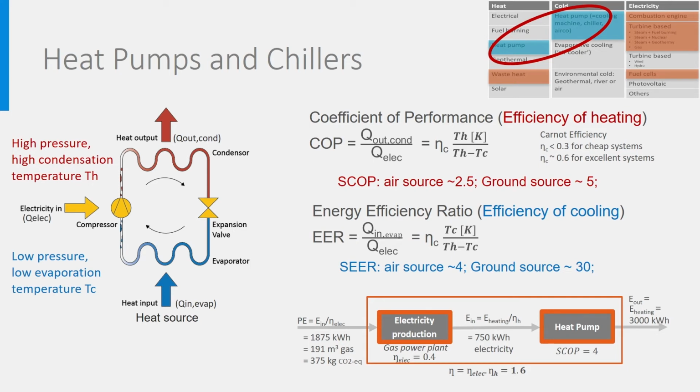If the electricity is produced by a gas power plant with efficiency 0.4, this leads to the use of 191 cubic meter gas and the emission of 375 kg CO2 equivalent, which is much less than with a gas boiler or with electrical resistance heating. The calculations for a chiller would follow the same principle, using this time the cooling demand and the SEER instead of the heating demand and the SCOP.